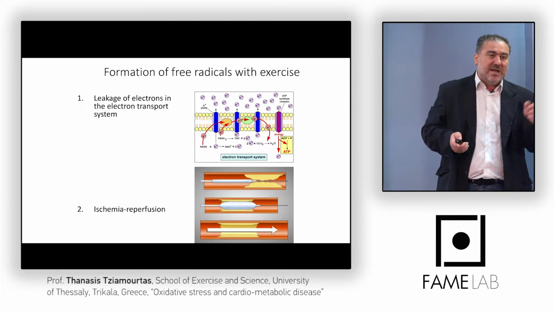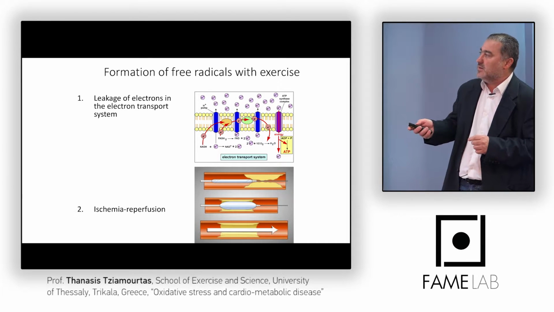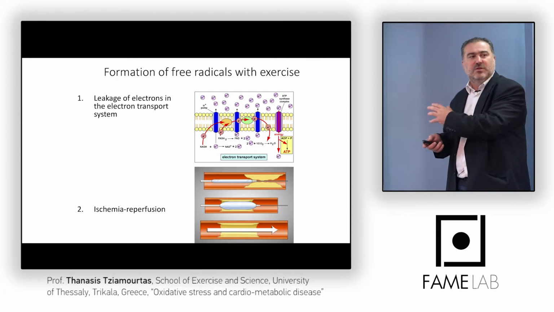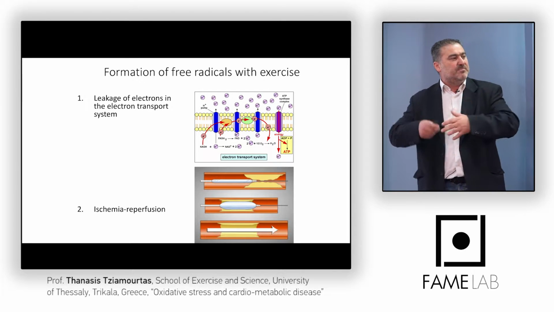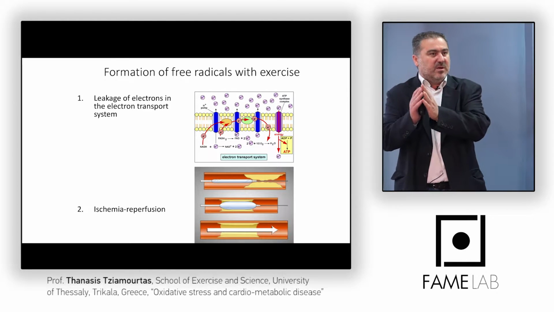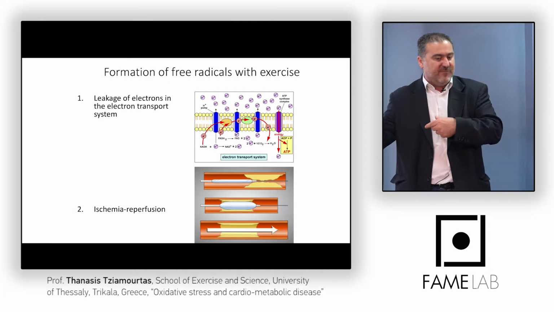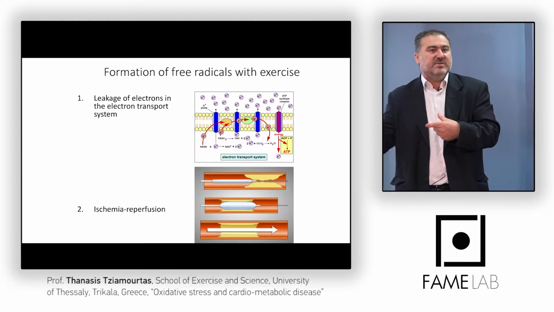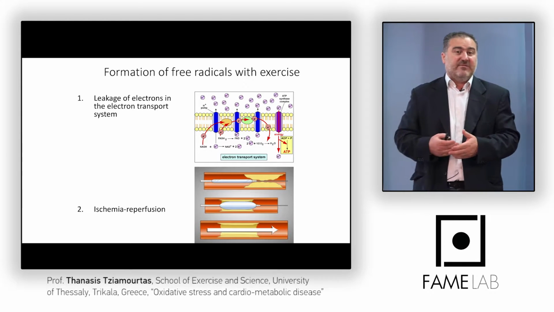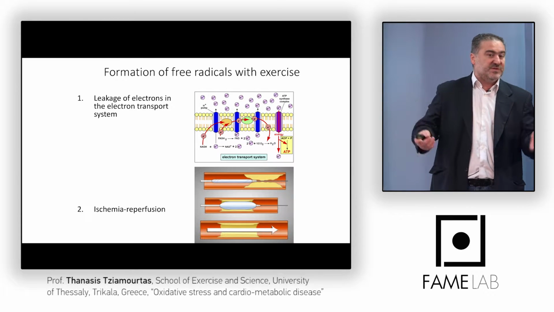One way is through leakage of electrons in the electron transport system. Electrons are moved along, and at the end hydrogens form water with oxygen, and at the same time ATP synthase forms ATP, so we have energy through this system.